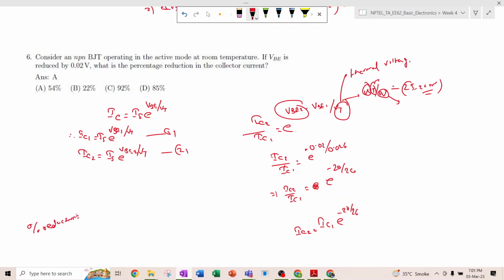The percentage reduction is whatever the reduction is, IC2 minus IC1 divided by IC1 into 100%, right?